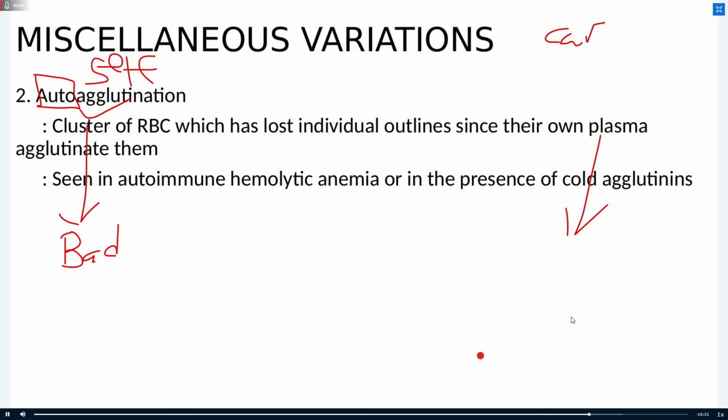Based on your immunology and serology, what does your plasma contain that would make them agglutinate? I'm talking about immune system, class. Okay. Your plasma contains antibody. What is the other name of your antibody, class?